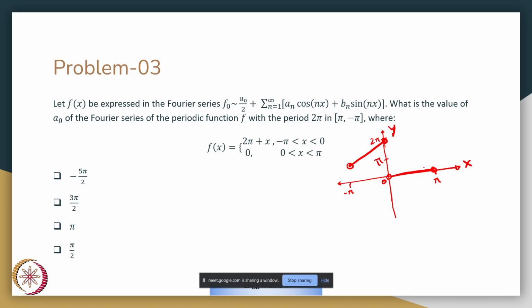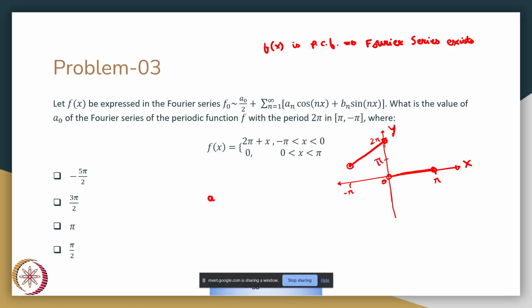It is a piecewise continuous function, and we do know that if f of x is a piecewise continuous function, then this implies that a Fourier series can exist. And we are asked to calculate the value of a naught.